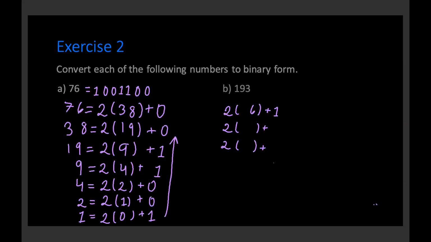So 193 divided by 2 is 96 times 2 plus 1. Perfect. Then it would be 2 times 48 plus 0. And then it would be 2 times 24 plus 0. Then it would be 2 times 12 plus 0.